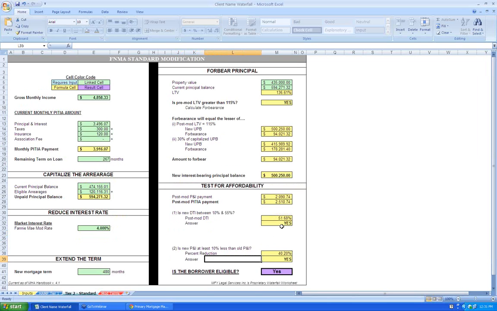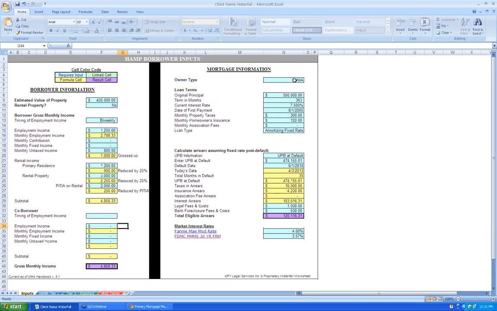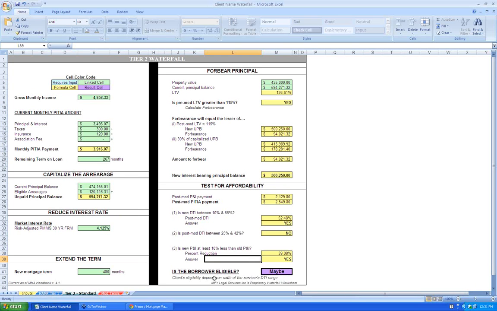But they're still going to pass. All right, move them back to non-GSE. And they're only sometimes going to pass Tier 2 because now their debt-to-income ratio is going to be at 52.48%, meaning that depending on what the servicer's policy is, they may or may not pass the Tier 2 waterfall.